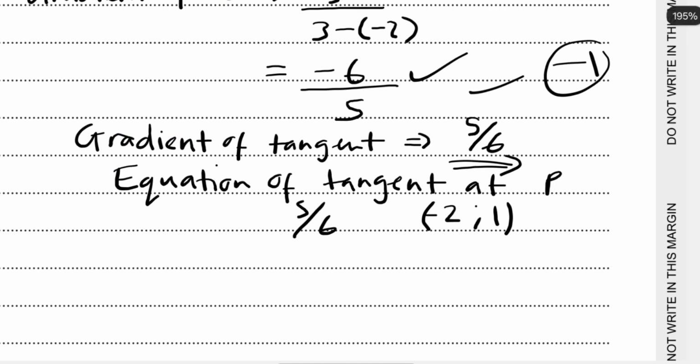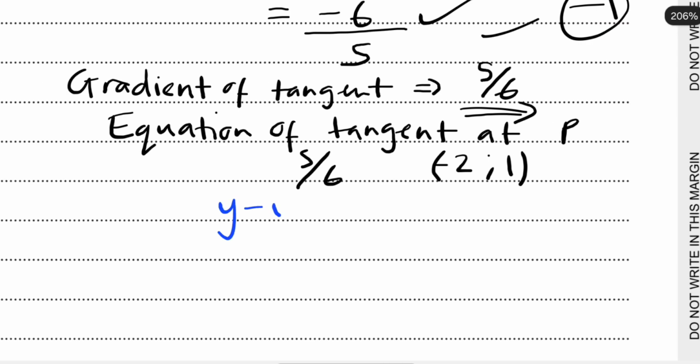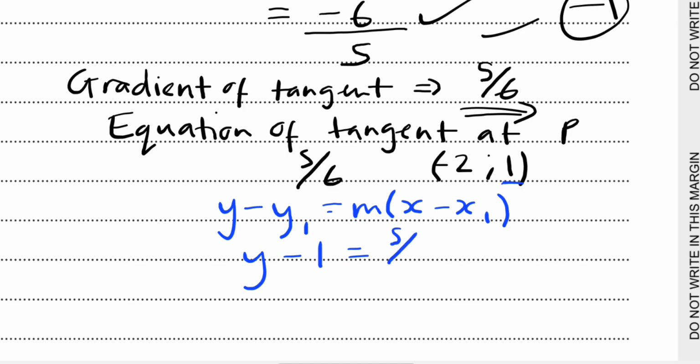Using these two, we are going to use y minus y1 equals m(x minus x1). So y minus the y coordinate of the point we're using, which is 1, equals m, which is the gradient 5 over 6, times x minus our x1, minus 2.